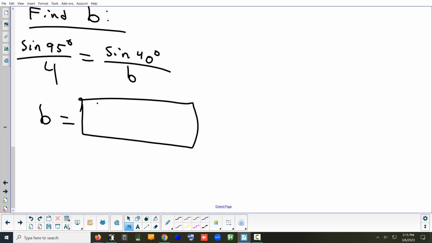Like what times what? What times what divided by what? Is it 4 sine over 40, then over sine 95? 4 sine 40, yep, over sine 90. Thank God.